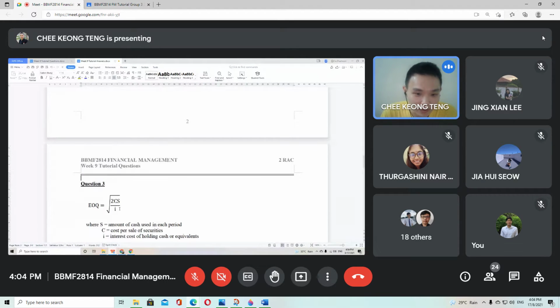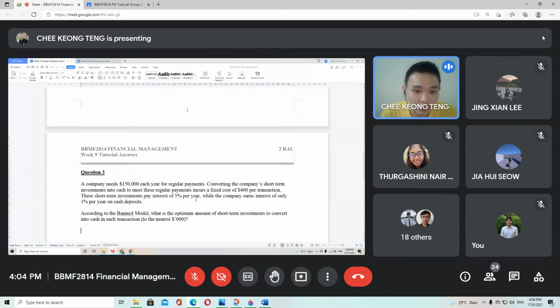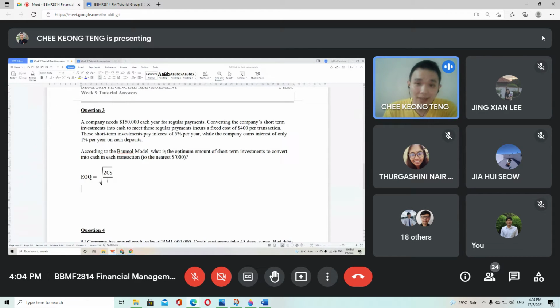It doesn't show you the answer. Just a very short question actually. I give you all the formula and all the indication. This one is actually the same with your EOQ, exactly the same. It is just that they apply the same concept for cash management only.